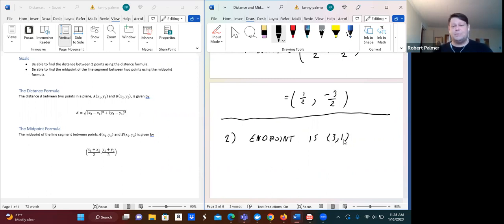And once again, it could be any point. Let's pick that endpoint is 3, 1. Then the midpoint of the line segment is, let's say, 4, 7. So what we're going to do then is find the other endpoint.